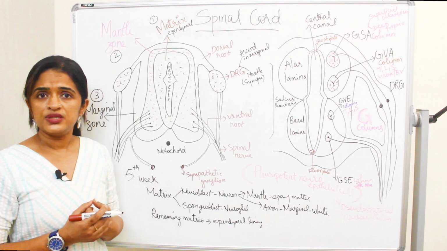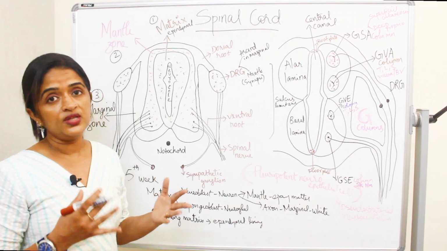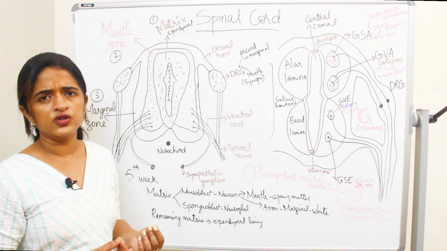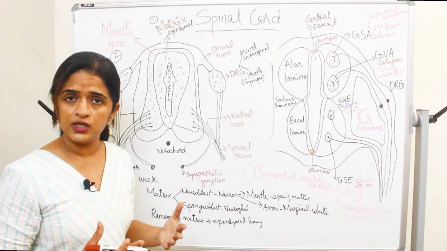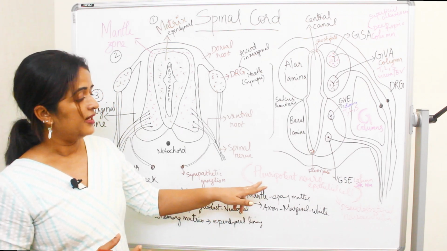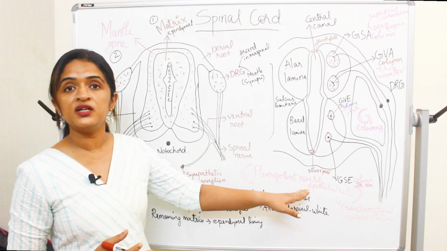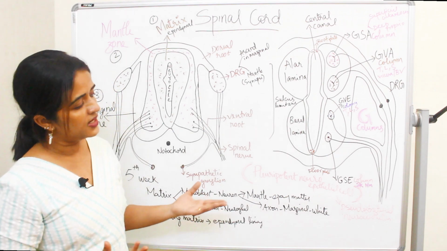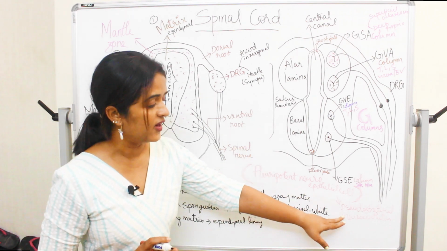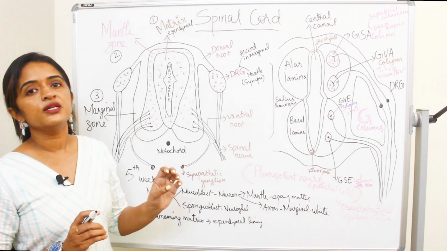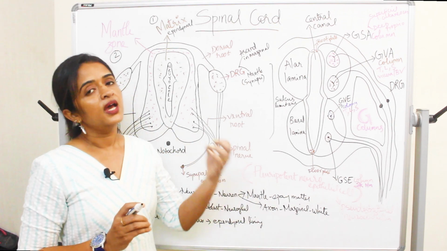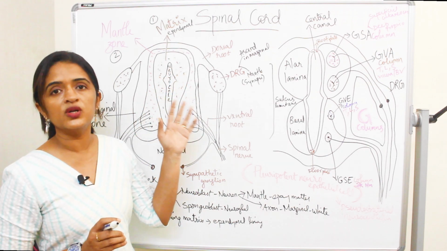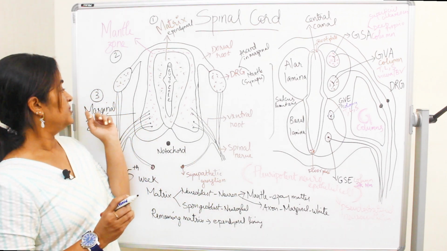Now recent theories propose that there are no three zones like this. According to the recent theory, which is put forth after a detailed study with electron microscopy, the neural tube is made up of pluripotent neuroepithelial cells. Pluripotent means the cells which can give rise to any types of cells, and it is just a pseudo-stratified neuroepithelium. And this layer gives rise to neuroblasts, and the cell bodies of the neurons will be seen in the mantle zone, and the nerve fibers will be seen in the marginal zone.